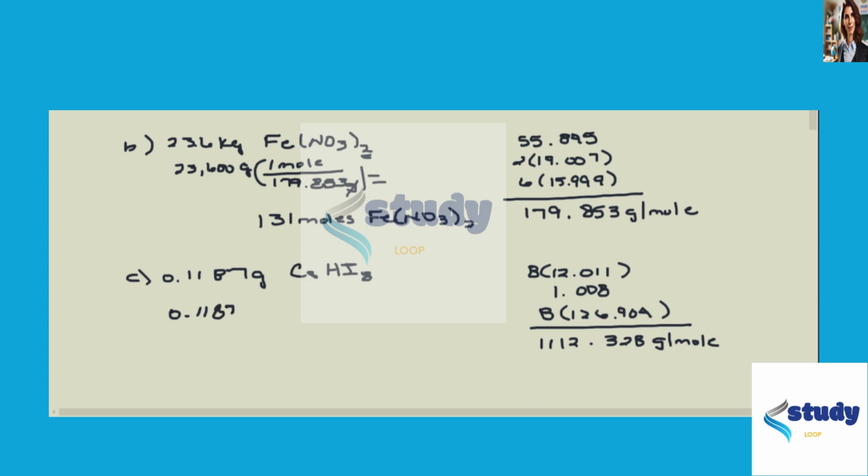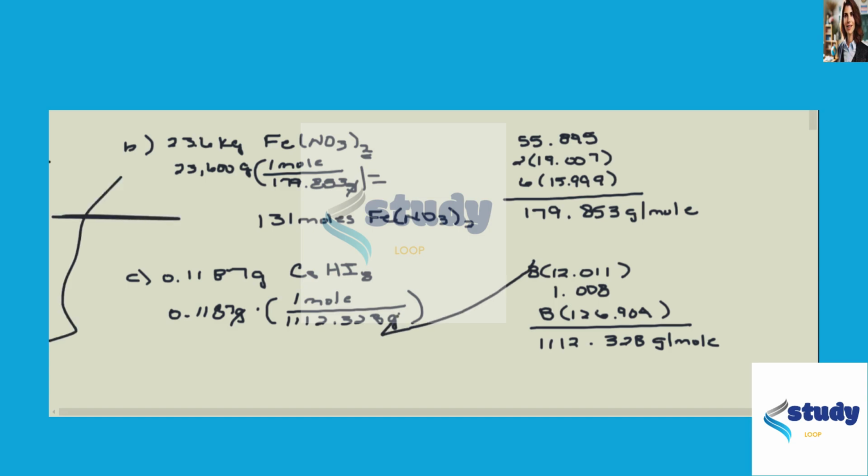Then we take this 0.1187 grams and multiply it by the reciprocal, so 1 mole over 1,112.328 grams. Those gram units cancel out. Oops, what happened here?